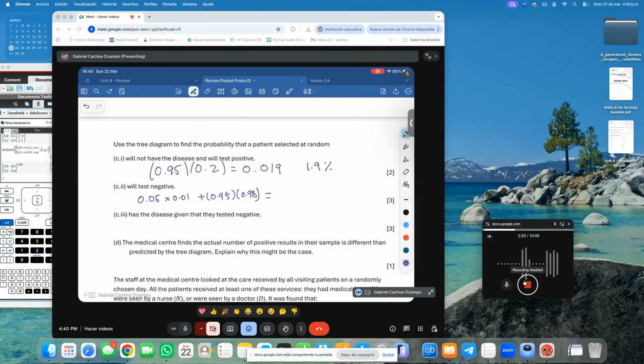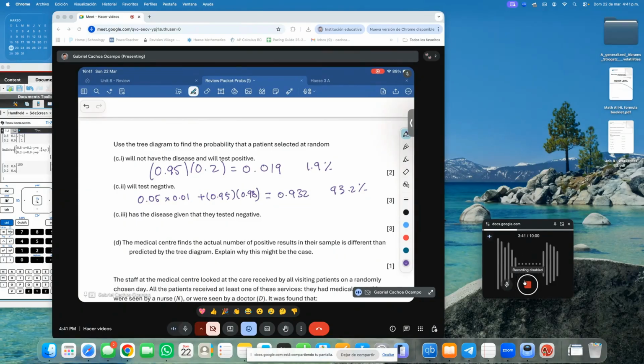Put this into the calculator. That is 0.932, rounded to three significant figures. So that is 93.2%.